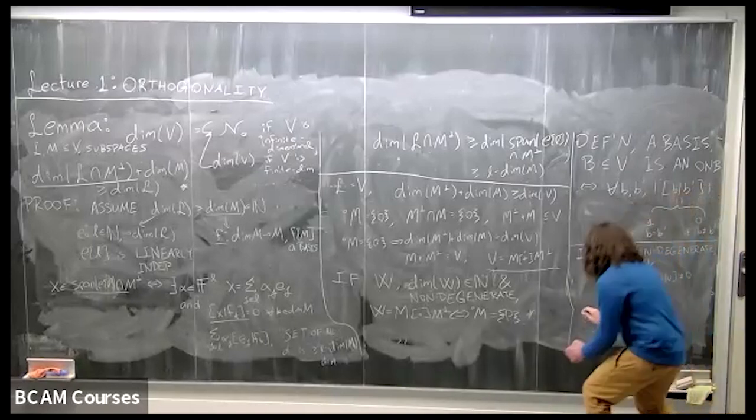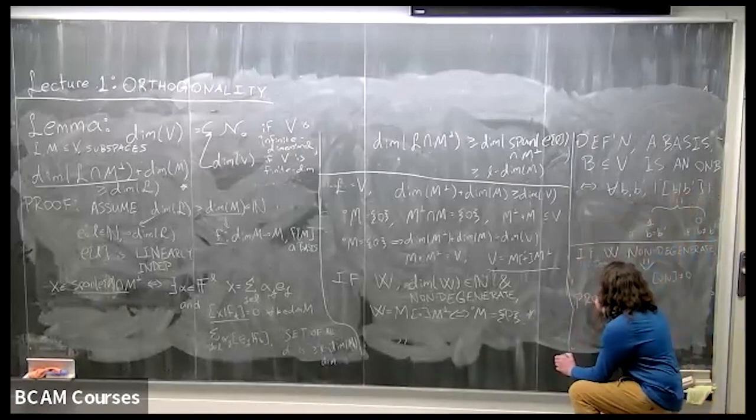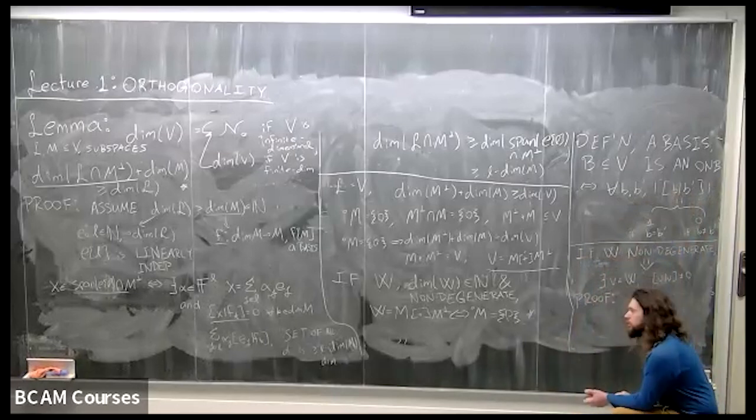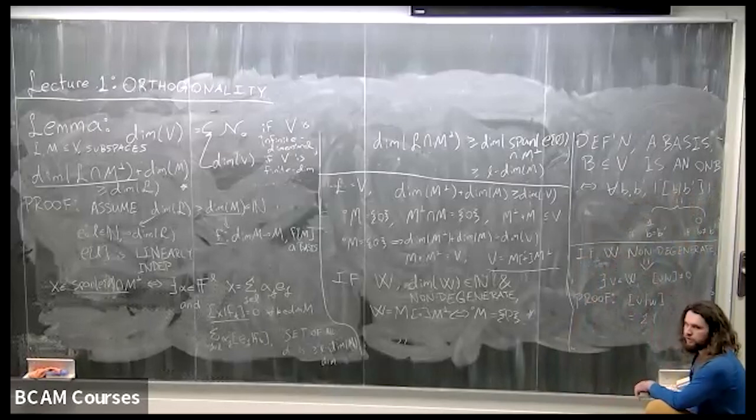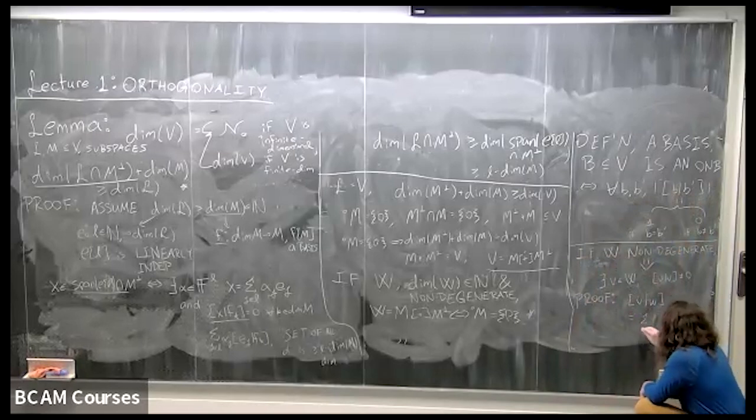And the proof of that relies on the polarization identity, which says that I can take an inner product between any two vectors, v and w, and express it as a sum of pieces that have inner squares. I'll just write it in the complex case, but in the real case, it's the same concept.